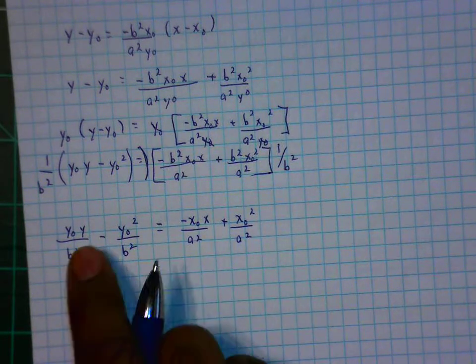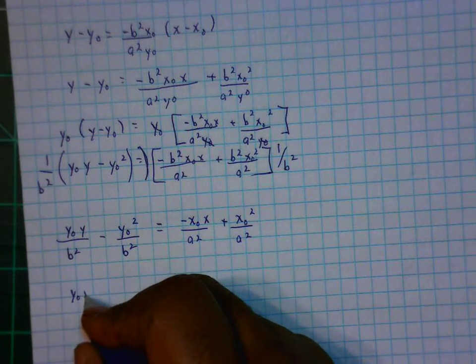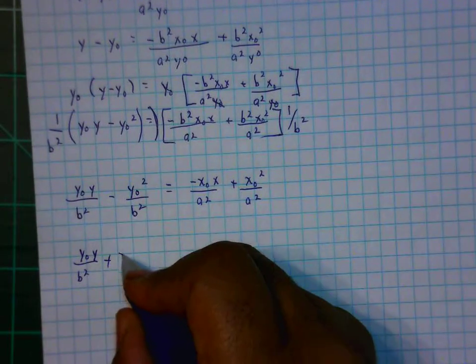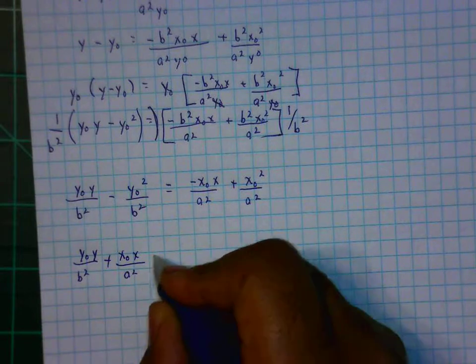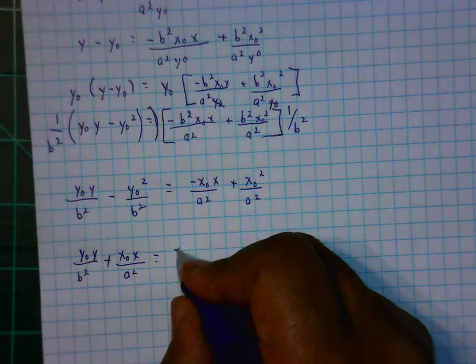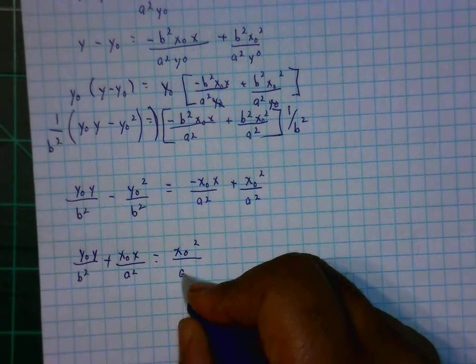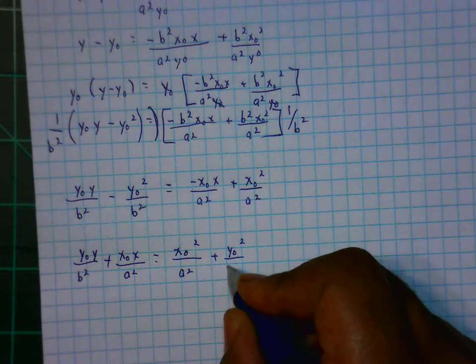So I'm going to move this negative over here and this negative over here. So I'm going to get y naught y over b squared plus x naught x over a squared equals x naught squared over a squared plus y naught squared over b squared.